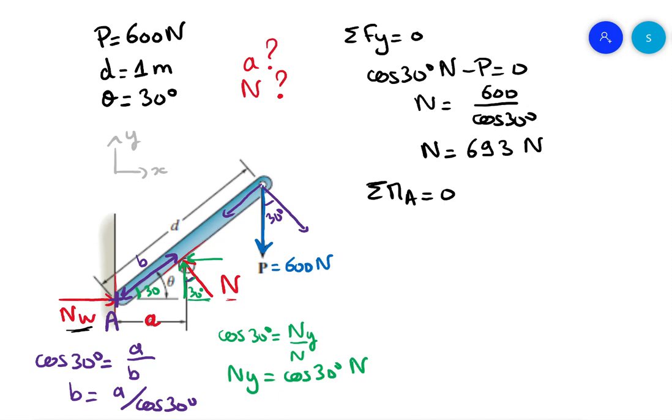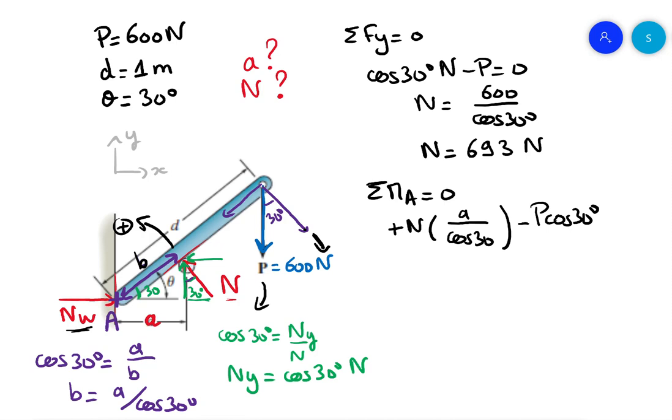So that gives us P cosine 30 degrees times D. Okay, so sum of the moment about A: the normal force N tends to rotate in a positive direction, so plus N times the distance B, that is A divided by cosine 30. And P tends to rotate in the negative direction, but the only component that tends to rotate is this one, perpendicular to the rod, so minus P cosine 30 times the distance D equals 0.